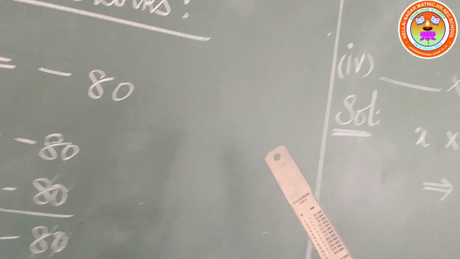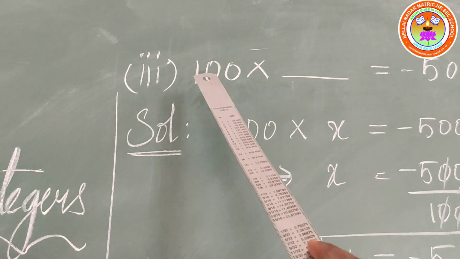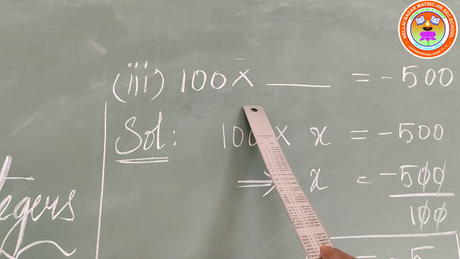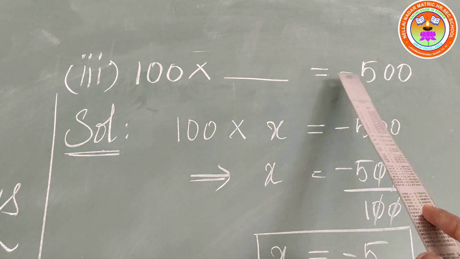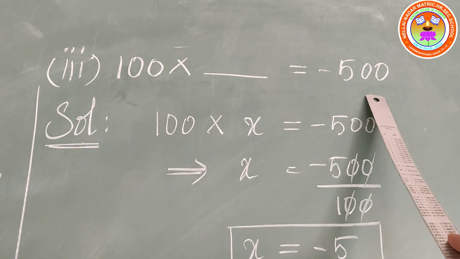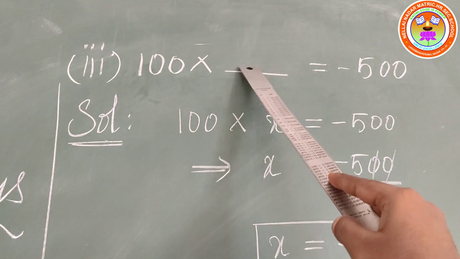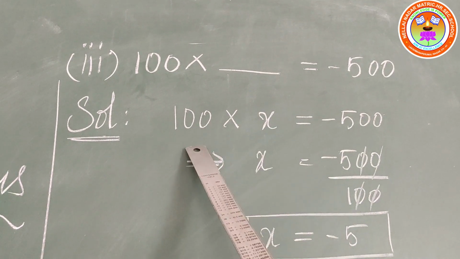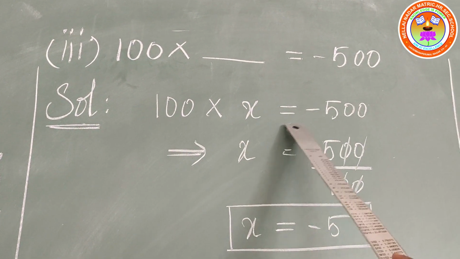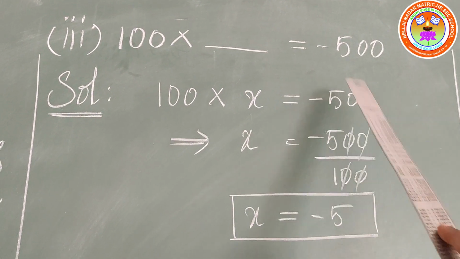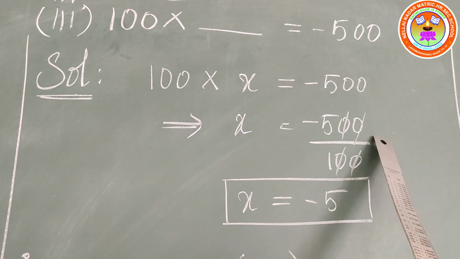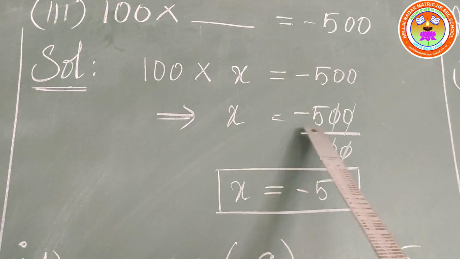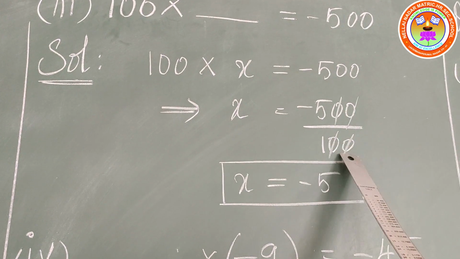Yes, now moving on to the third sum. 100 into blank is equal to minus 500. Okay, so let me take this unknown value as x. 100 into x is equal to minus 500. Now transpose this 100 to the other side, it becomes division. Minus 500 divided by 100.